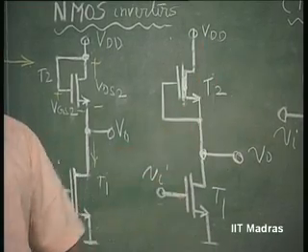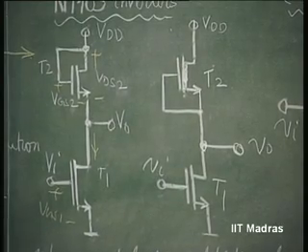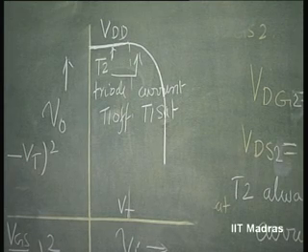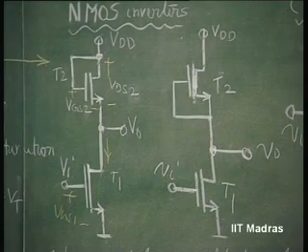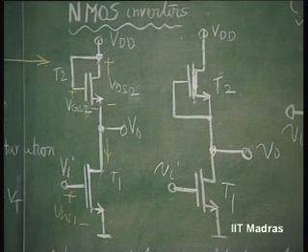What is the slope therefore? This is going to be almost vertical here. This is going to be the case as long as this particular thing is going to remain in the current saturation region.